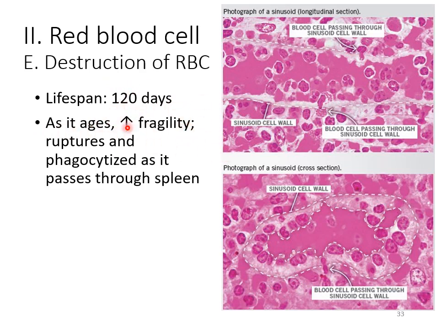It becomes much more fragile. Remember that your red blood cells need to squeeze into very small capillaries as part of their normal function, and as it ages, it becomes less able to do that. The final test of its fragility is when it passes through the spleen during the normal circulation.